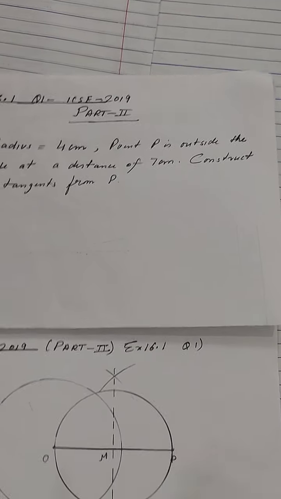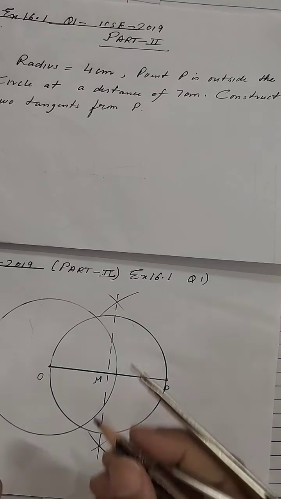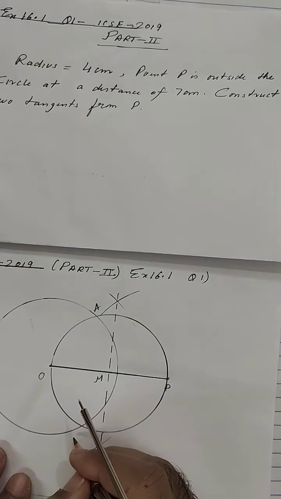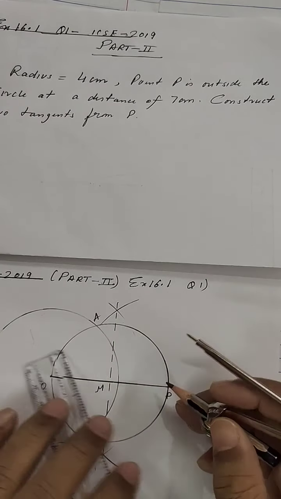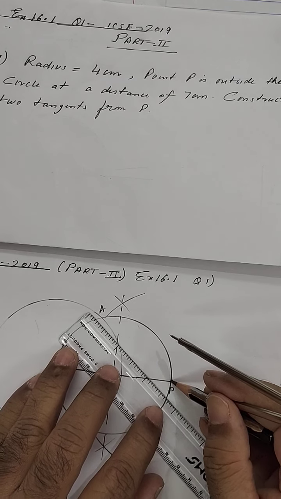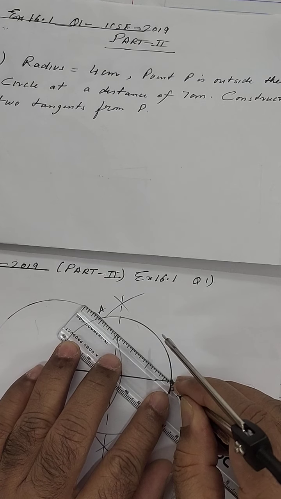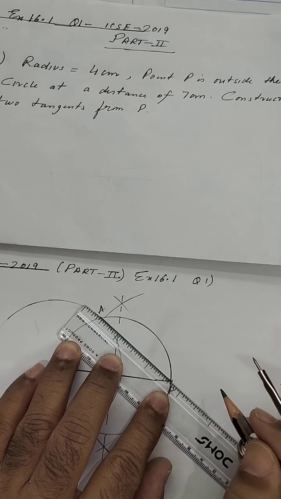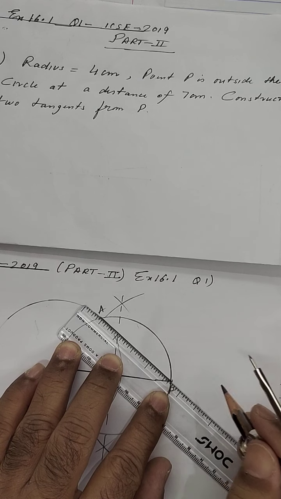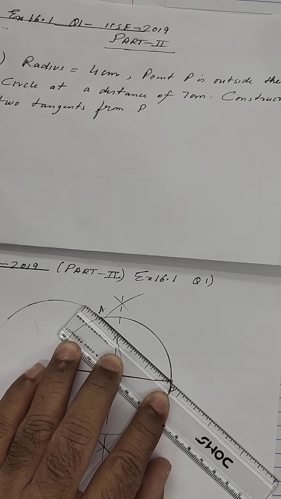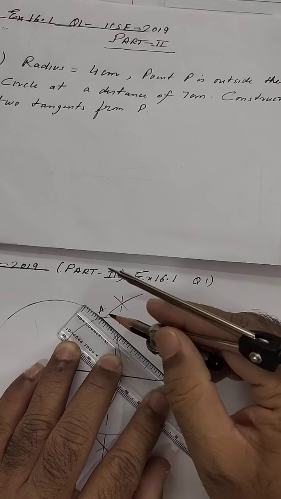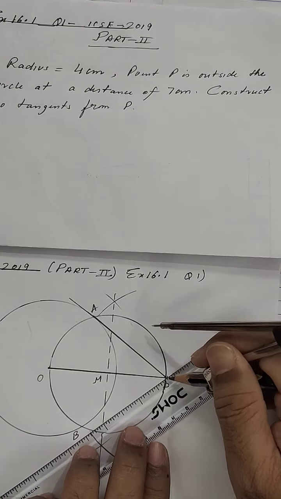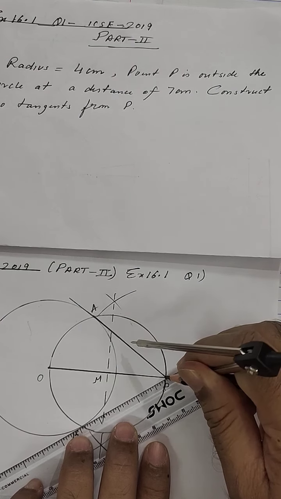Where the second circle cuts the first circle, we call it A and B, and we join them. This is my first tangent, you can produce it a little bit more also, it can stop here or you can make it more, and here PB goes this side.